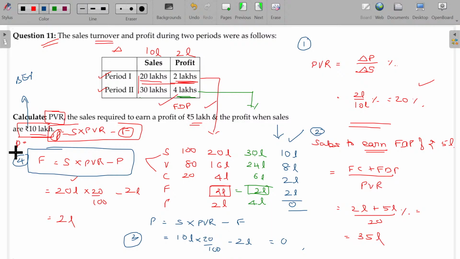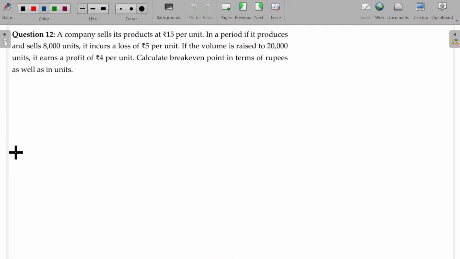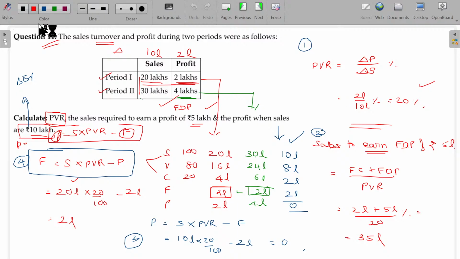Now, question number 12. Online students, if it is clear, text me so that we'll move on to the next one.